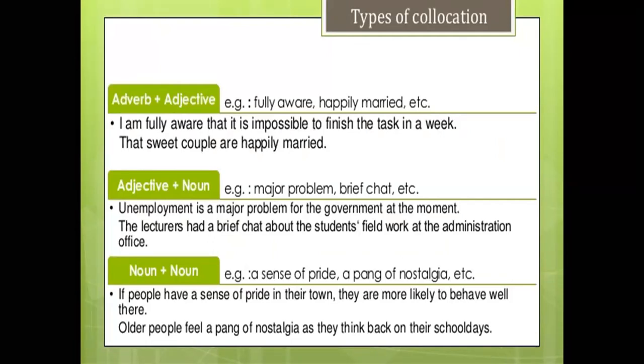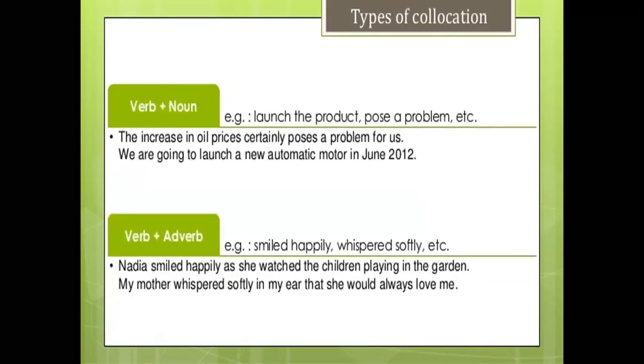Next, sir, grammatical collocation. Look at your slide and give the presentation. Whatever is in front of you, tell about that. Types of collocation. Yeah, tell me about this one.